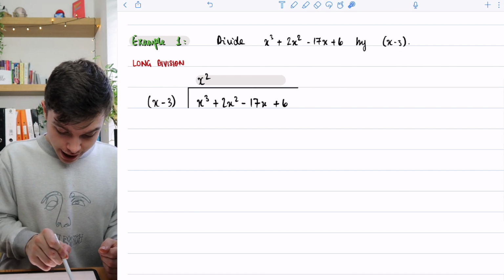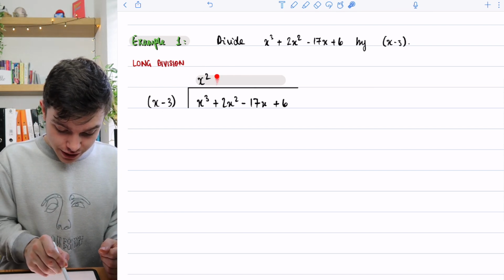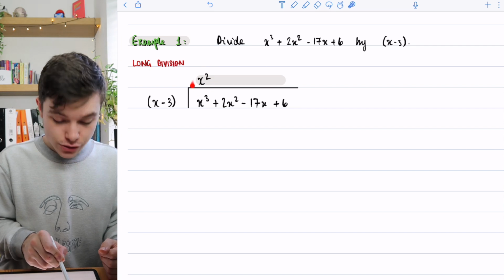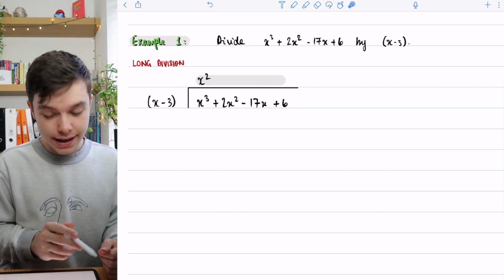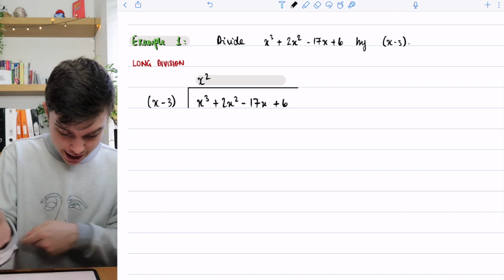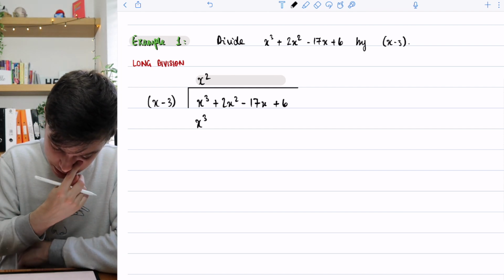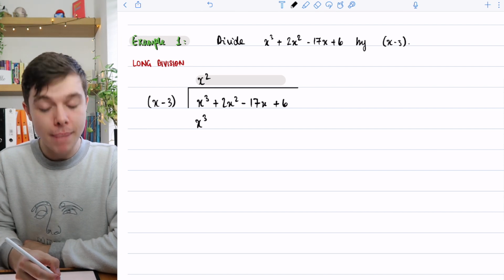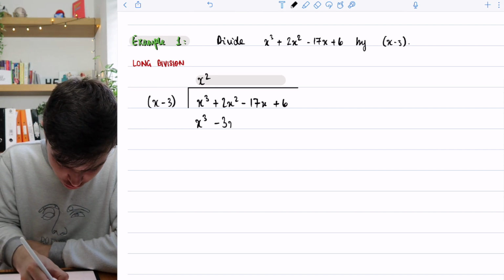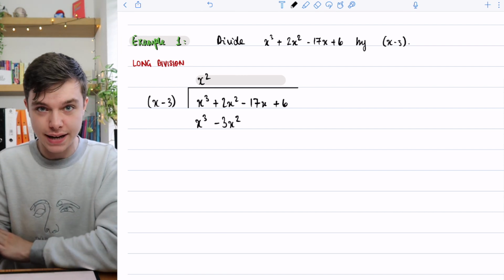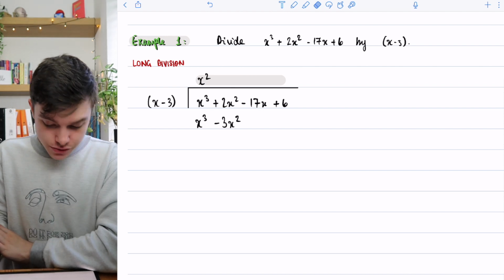So we've taken the x cubed, divided by x to give the x squared, and then we multiply the x squared by everything inside the bracket, and we write it here. So x squared times x gives me x cubed, and then x squared times minus 3x gives me minus 3x squared, okay? Right, that's quite simple.